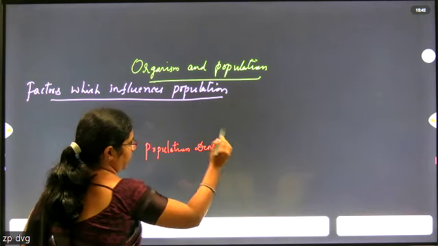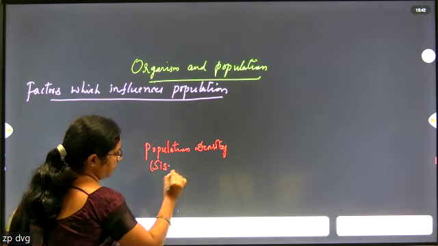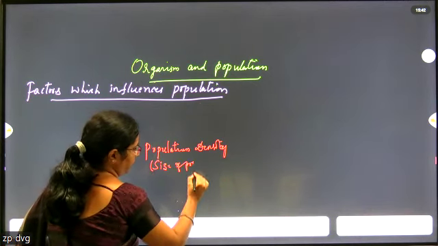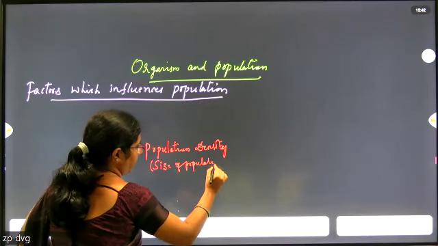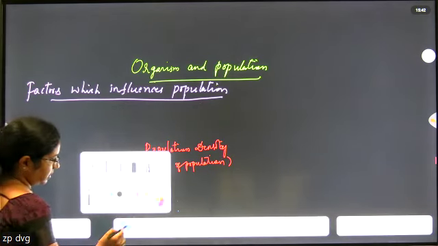Okay. So population density is nothing but size of population. Size of population is called population density.